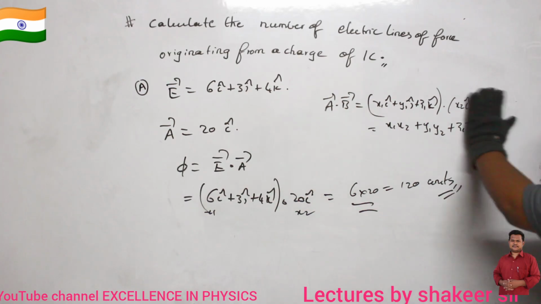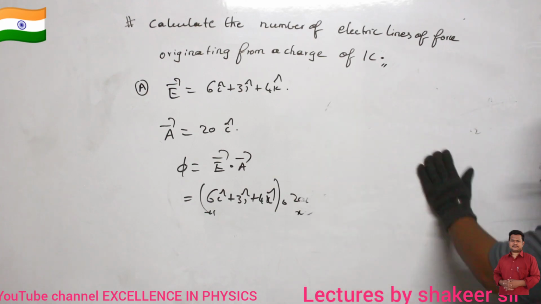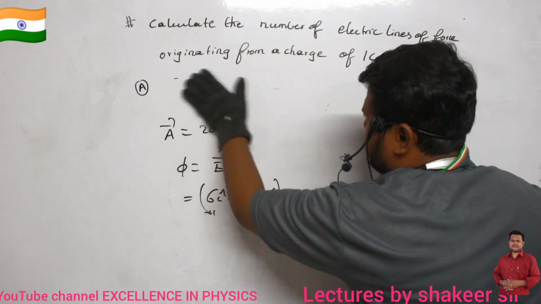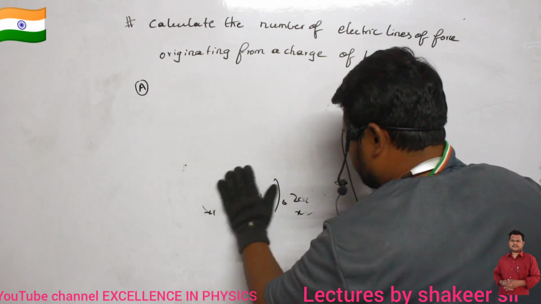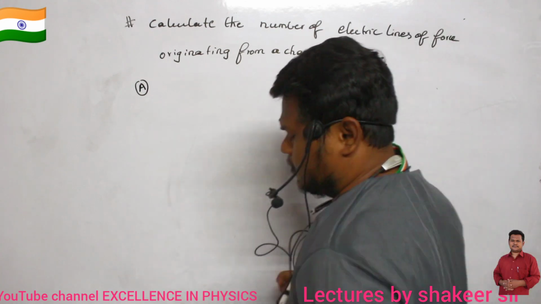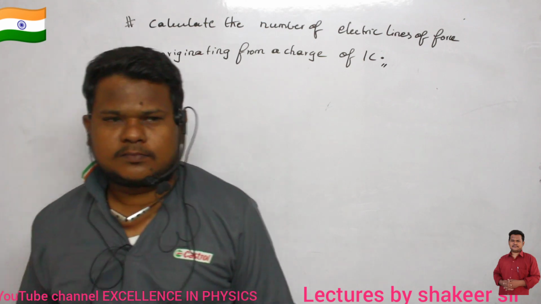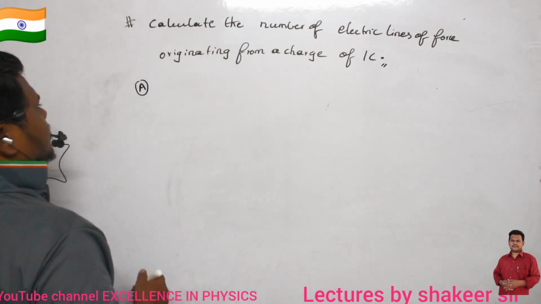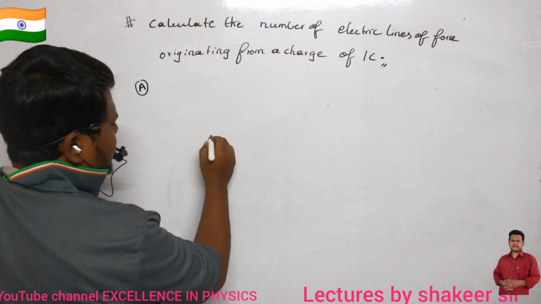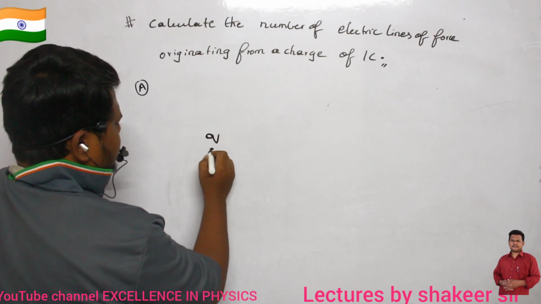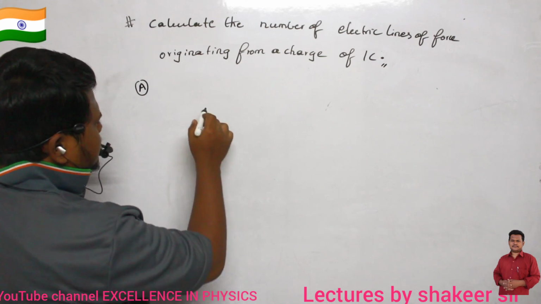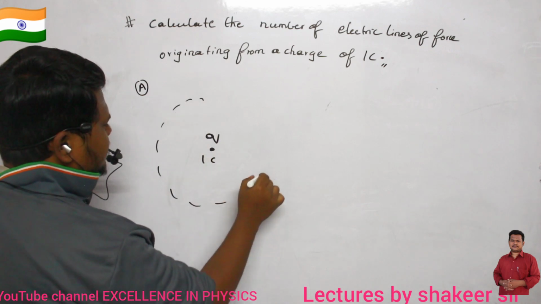How can we solve this, ma? From 1 coulomb of charge, how many electric lines will come out? How can I solve this question? Any idea? See, ma, for example, if it is a charge whose magnitude is 1 coulomb, you just construct a Gaussian surface.